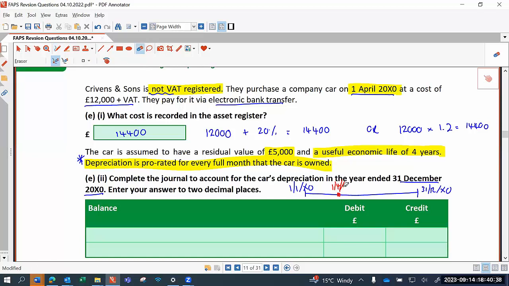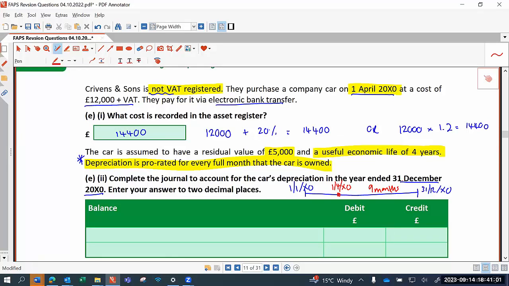So what do you think? From April through to December, how many months is that? 9. Perfect. So I'm only going to depreciate it for 9 months then, because I've only owned it for 9 months.